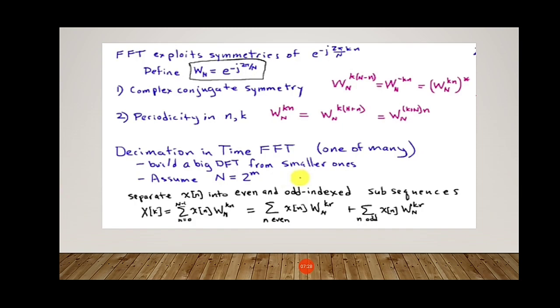Now, among the many algorithms for FFT, in our scope, we will study two algorithms. Number one is decimation in time, and number two is decimation in frequency.